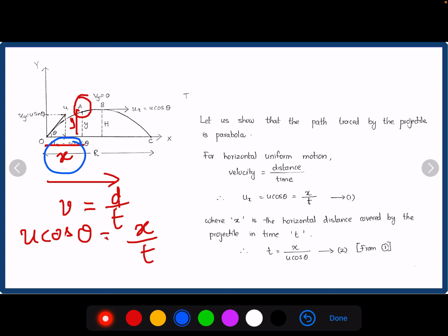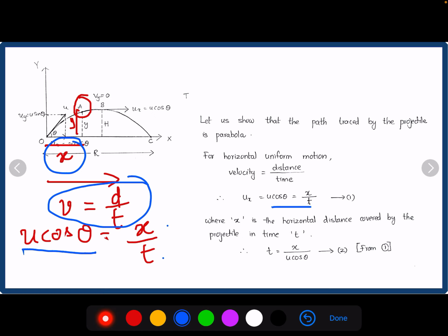Now, the horizontal motion is uniform motion. Therefore, we can apply v equals d by t. V is u cos theta along the x-axis, distance is x and time is t, where x is the horizontal distance covered by the projectile in time t.